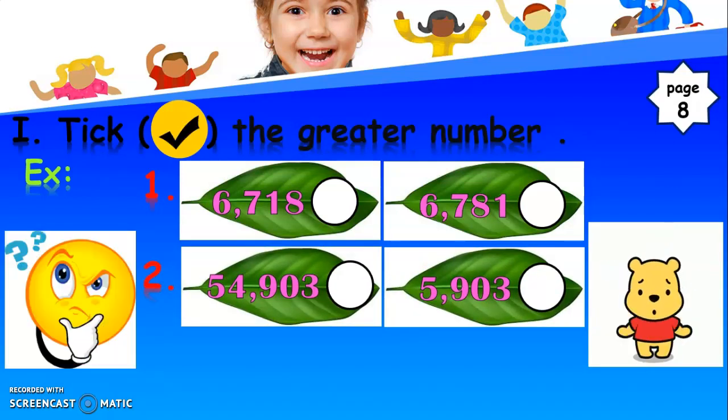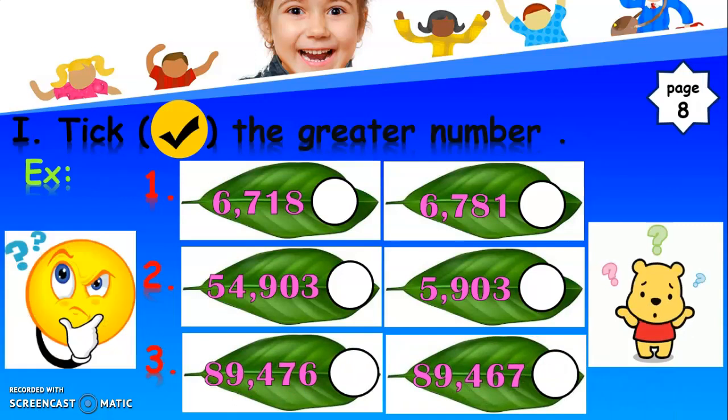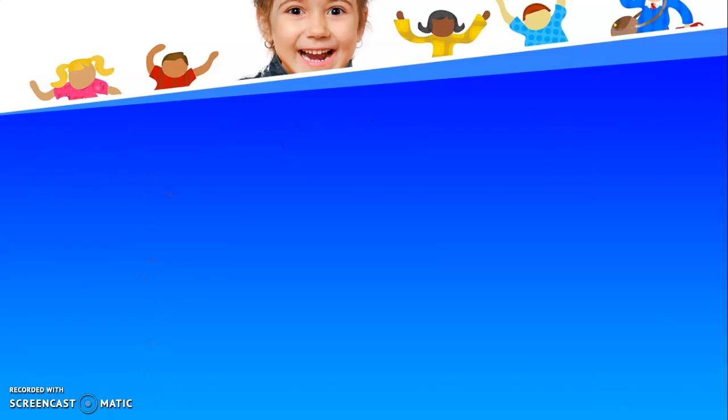Think of the answer for number 1, and then go to number 2, and then answer number 3. Try to think of your answer. If you are now ready, we can see if you got the answers right.